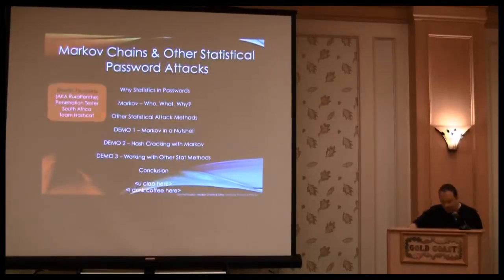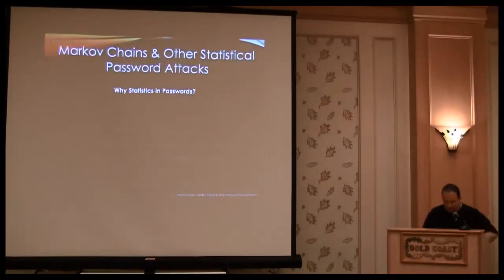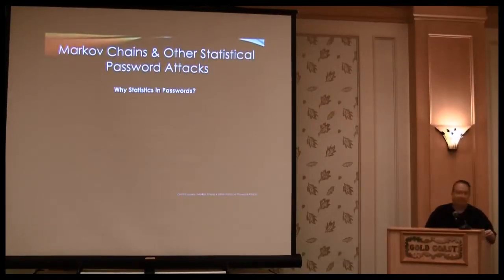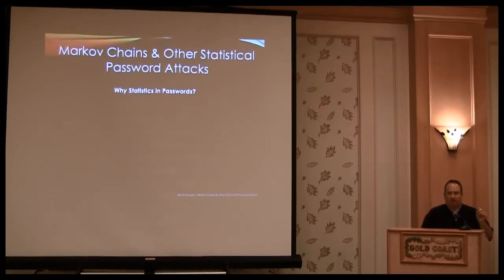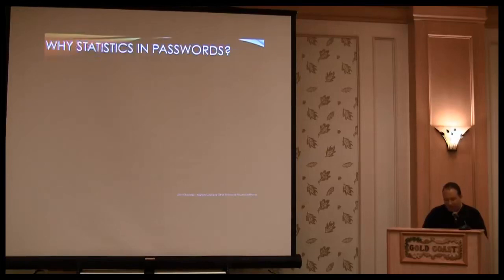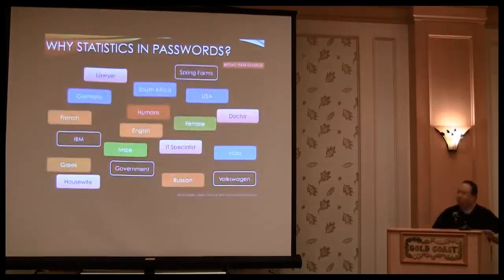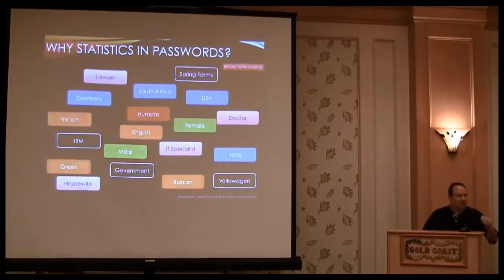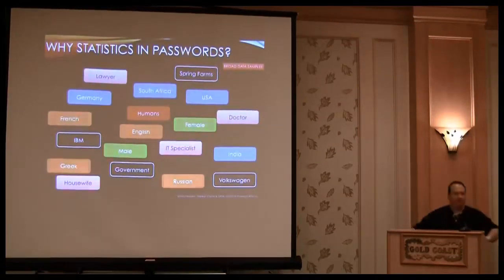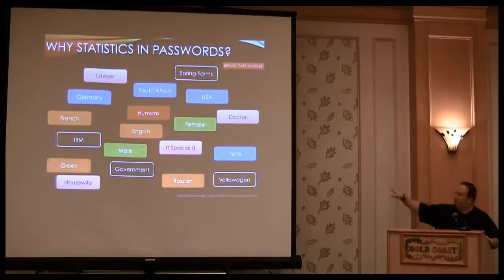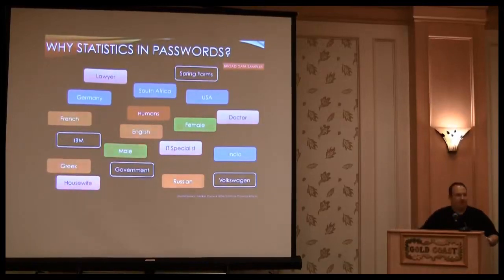So if we begin then, why statistics in passwords? And Peter touched quite well on certain points that we're going to discuss in his previous talk regarding this. If you look at the world that we live in at the moment, we see that with us as humans in the middle, around us is all forms of different kinds of data which we could categorize, different words, different statistics about.